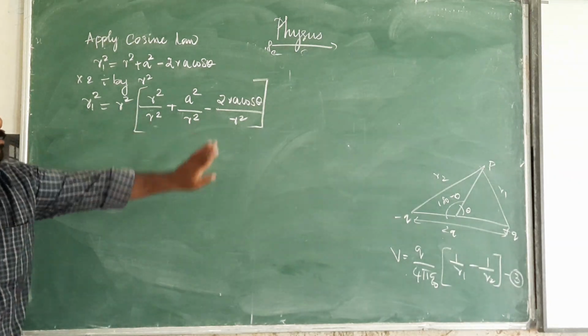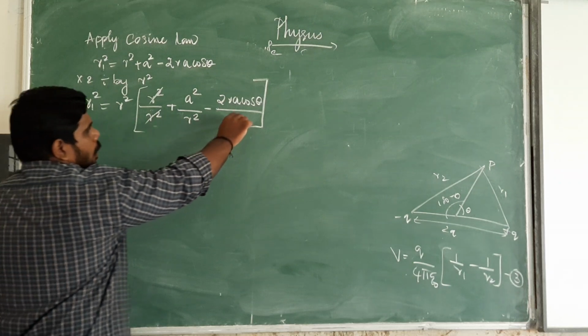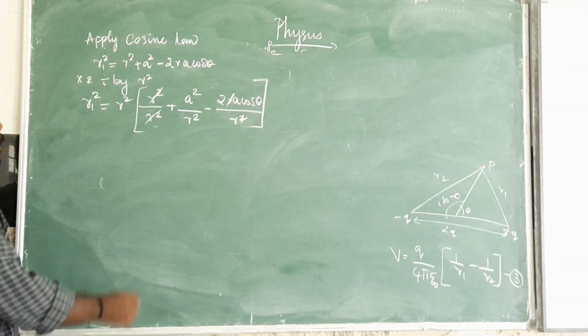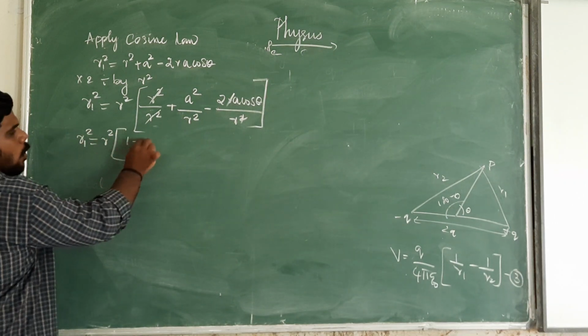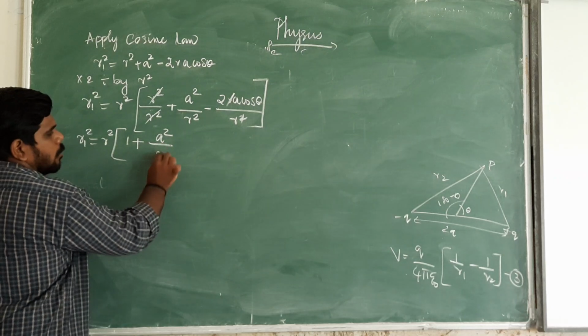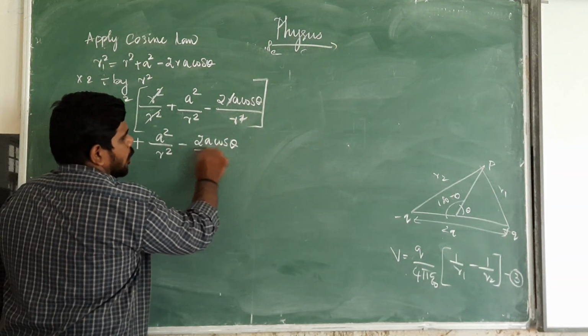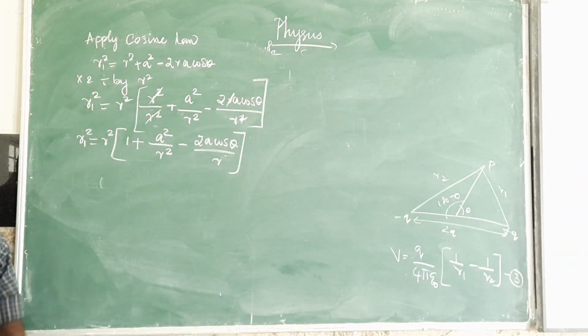What terms should be cancelled here? R square cancels, R cancels. So write it up: R1 square is equal to R square into 1 plus a square by R square minus 2a cos theta by R.